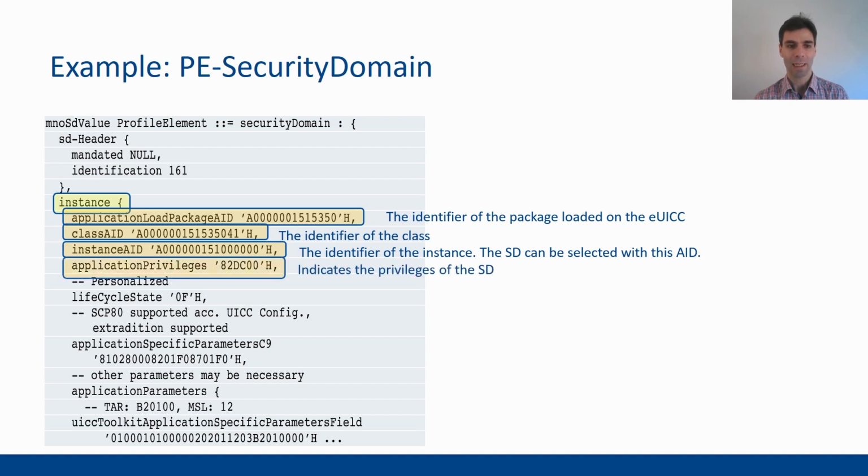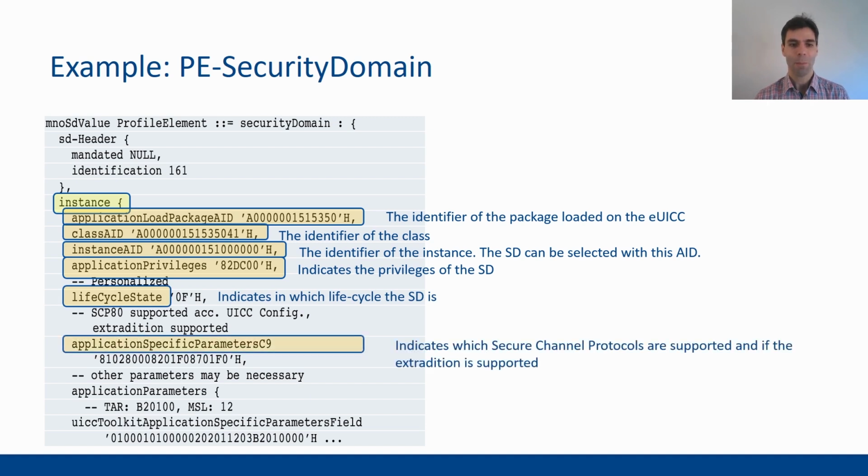Besides the AID, the application privileges are provided in the instance object. Then the lifecycle state, which indicates in which lifecycle state the SD is. Then the application specific parameters C9, which indicates which secure channel protocols are supported and if extradition is supported.